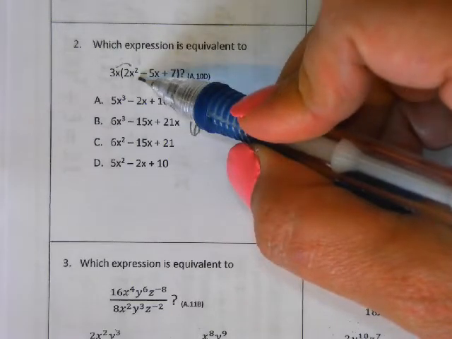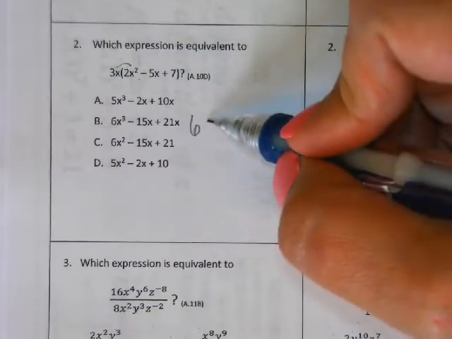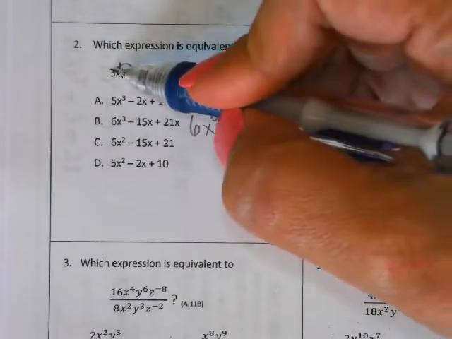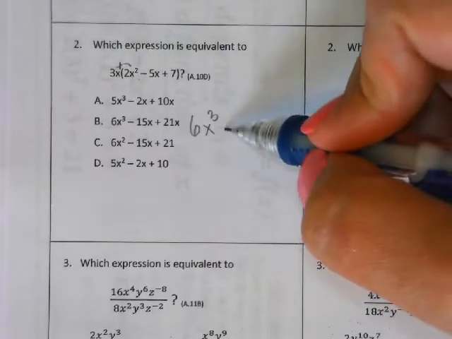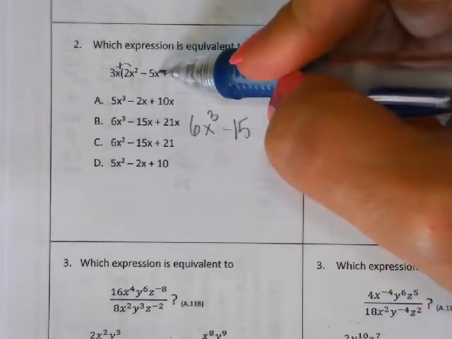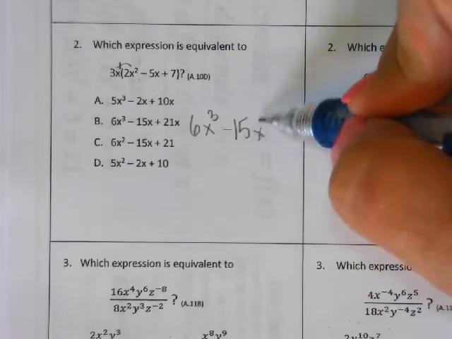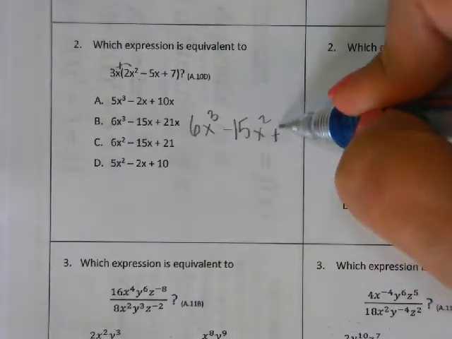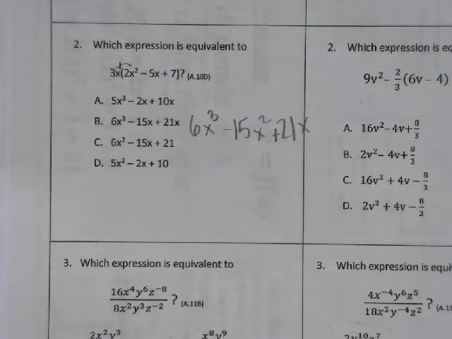We're multiplying, so you get x cubed. So we're actually adding those exponents. There's a little 1 here. And then 3 times a negative 5 is negative 15. So what is x and x is x squared. And then 3x times 7 is 21x. So which one looks like that?